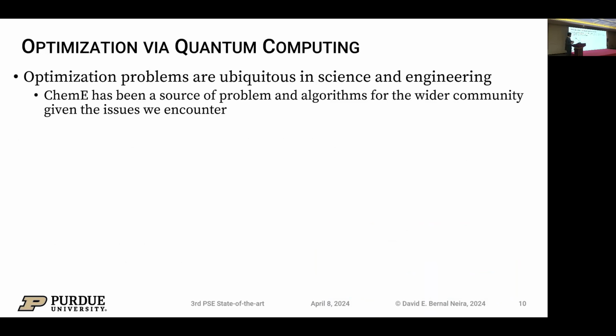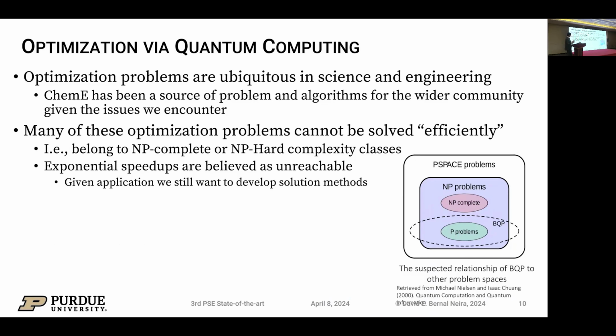Optimization, I think, is the most relevant for all of us. I don't need to motivate it. We all care about it, and we want to solve these problems fast. One thing that I need to say straight out of the gate is that there is no hope that we can accelerate exponentially challenging optimization problems. If you know what an NP-hard problem is, we have no hope to accelerate those exponentially using quantum computers.